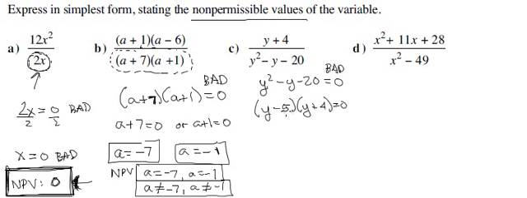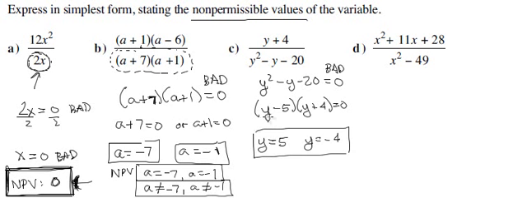Oh, look, I just did. And now if you solve these separately, you get either y equals 5, that would be a bad thing, or y equals negative 4 would be bad as well. So those are your non-permissible values. It never has anything to do with the numerator. It's all about the denominator, because that's what you're dividing by.